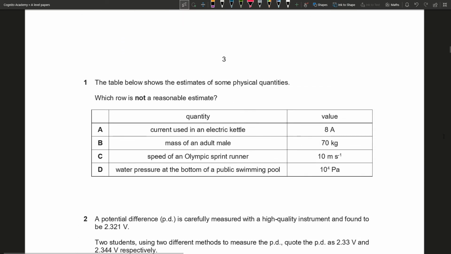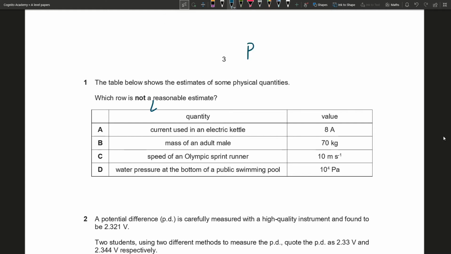First question. The table below shows the estimate of some physical quantities, and we are asked which row is not a reasonable estimate. So the first one is whether the current used in an electric kettle can be 8 amps. One way to find that out is to find the power output at 8 amps.